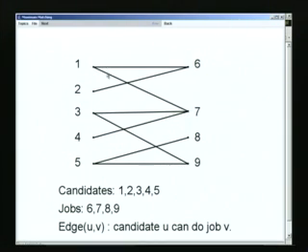So, these two edges, for example, represent the fact that candidate 1 can do job 6 as well as job 7. In fact, the list Li that I mentioned will contain 6 and 7 in the list of candidate 1.